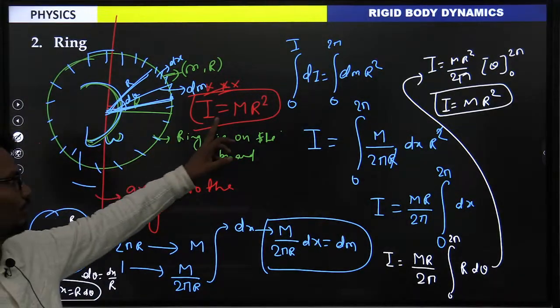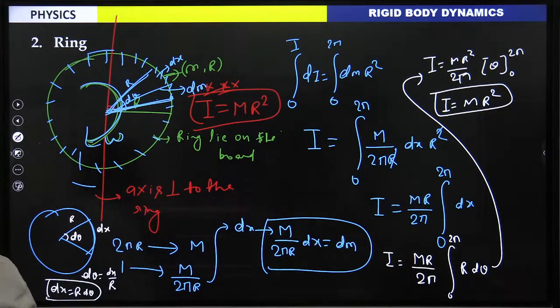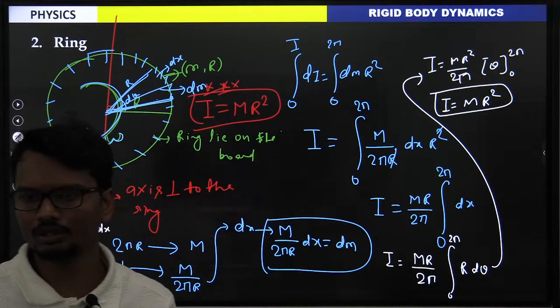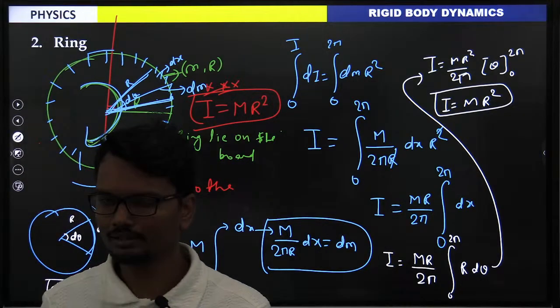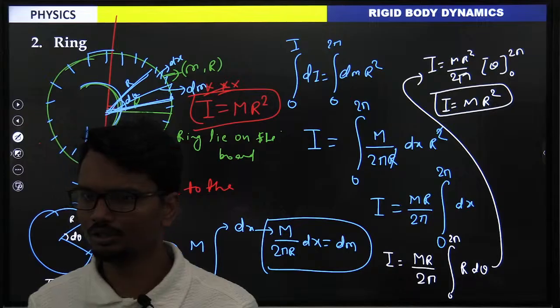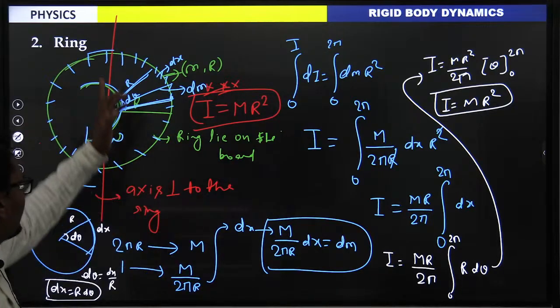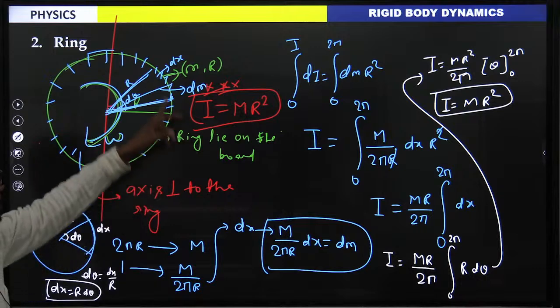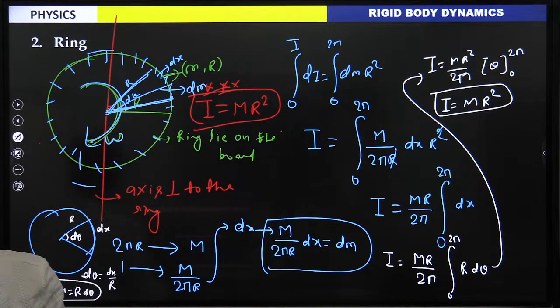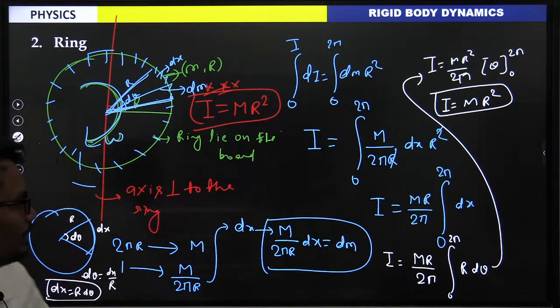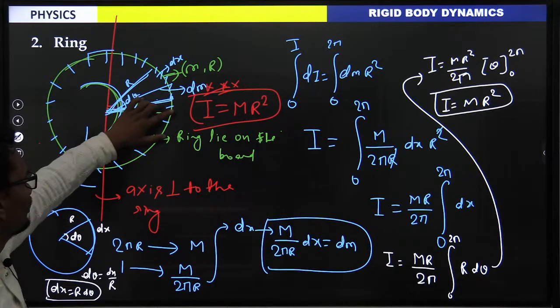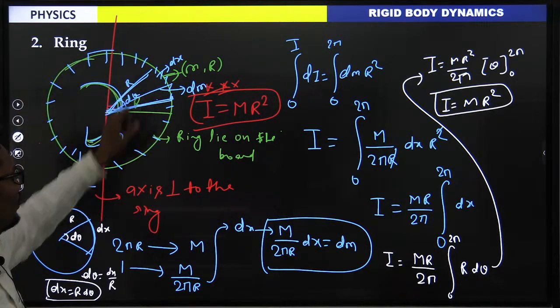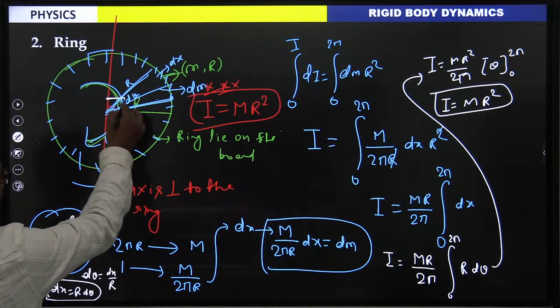This is the value of the moment of inertia of the ring about an axis which is passing through the center of the ring, and the axis will be perpendicular to the ring. This red axis is perpendicular to the ring, and this axis is passing through the center of this ring. Clear?